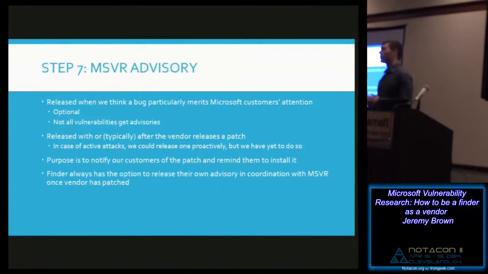I think we're now moving towards another process where we're not releasing an advisory for every one of them, but maybe just a page that credits the finder and lists a CVE number, something like that. They typically get released after the patch, and they're meant to notify our customers. The finder can also release their own advisory in coordination if they want to.